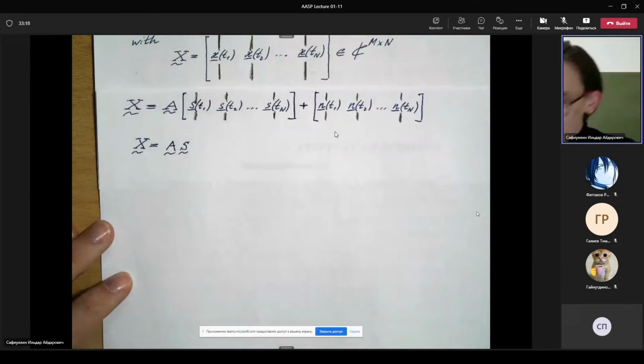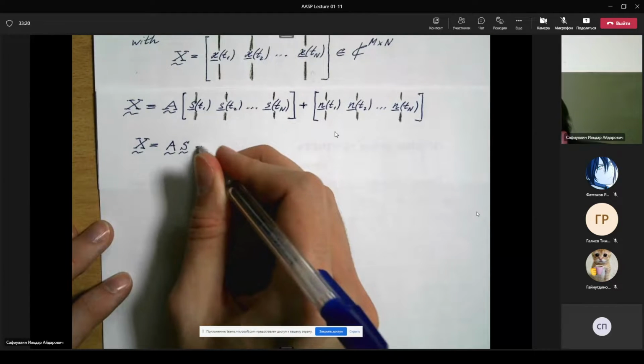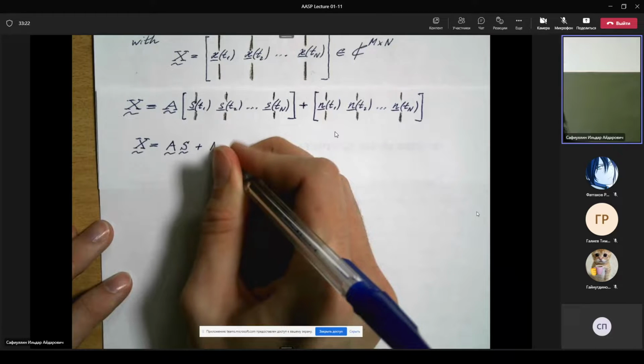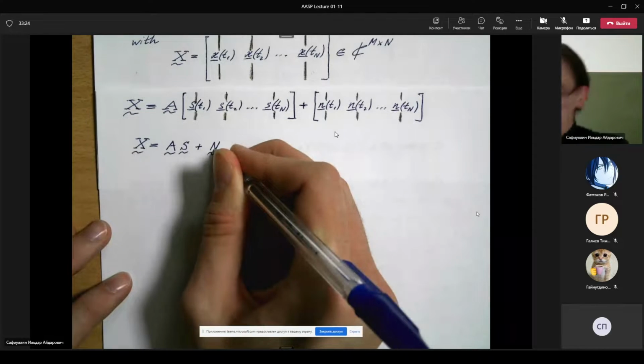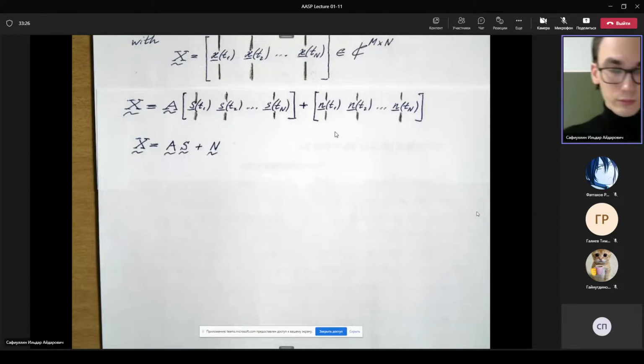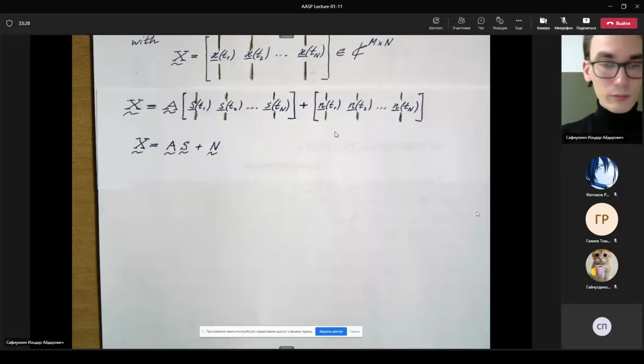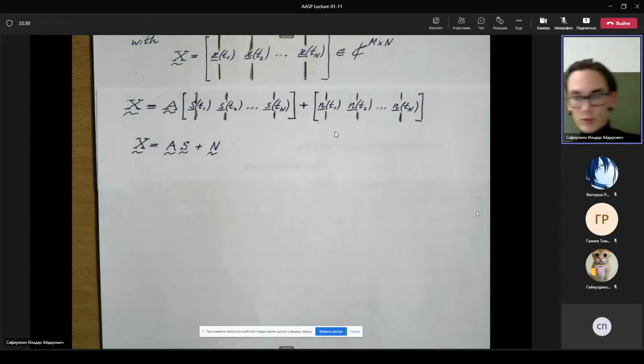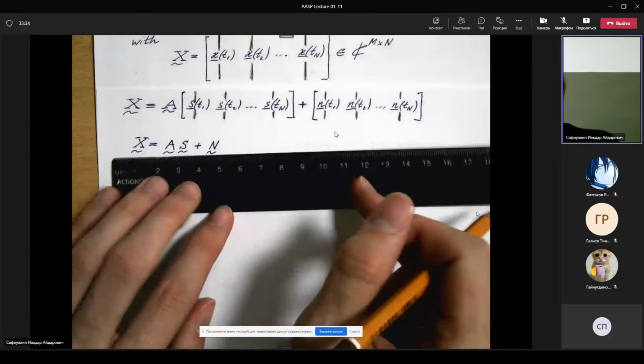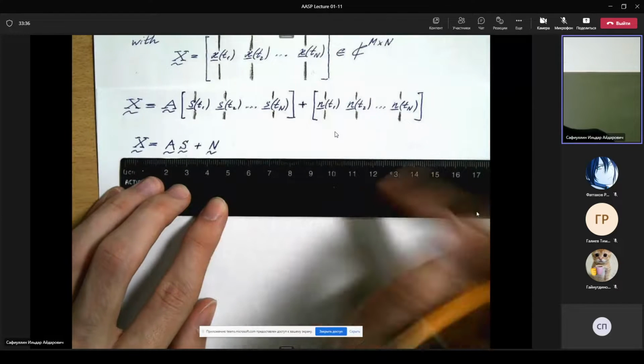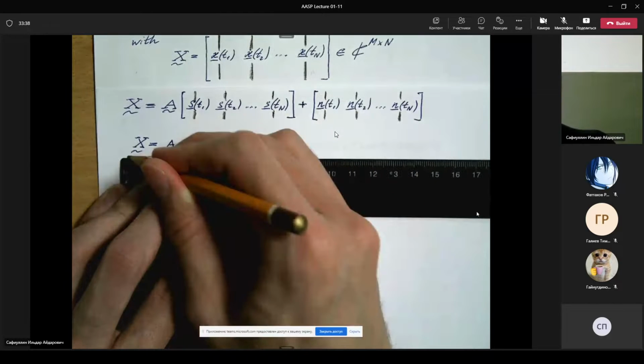So it is now a matrix, plus the matrix of the noise. I will put this short notation equation into the box, and I will use background yellow color.